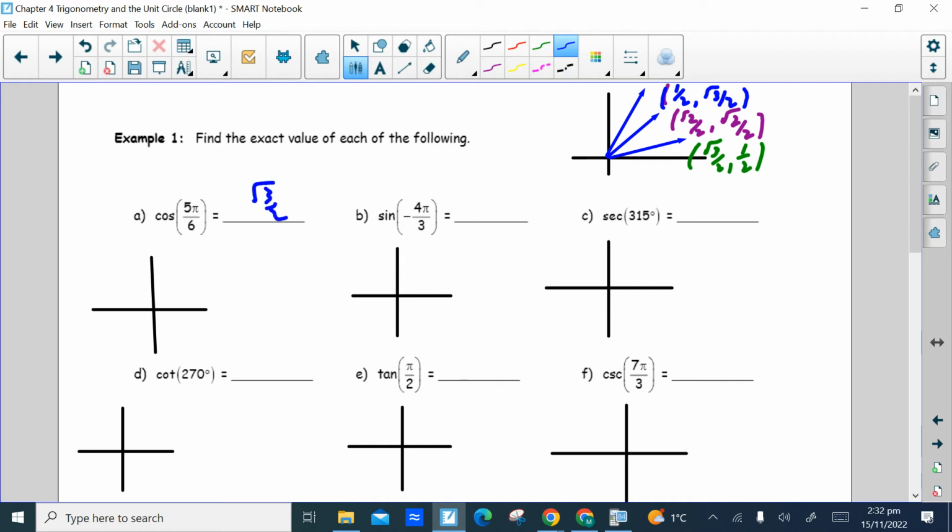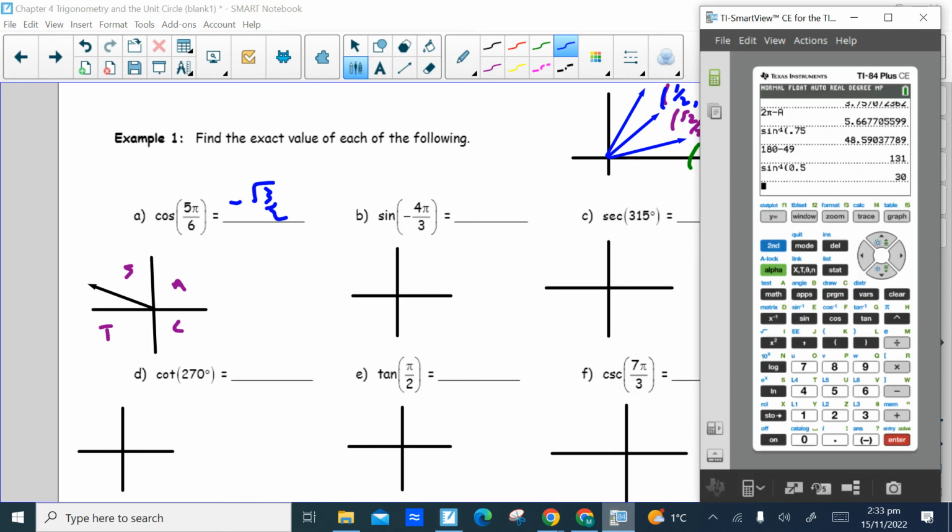However, in this case, it's going to be negative root 3 over 2 because 5 pi on 6 is 1 pi on 6 short of 6 pi on 6, which is pi. 6 pi on 6 would be pi. 5 is 1 short of that. So it's in the second quadrant, and according to our CAS rule, that's our S quadrant. So only sine is positive, so therefore cosine is negative. That would be the answer.